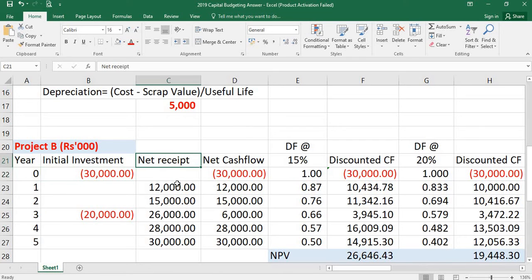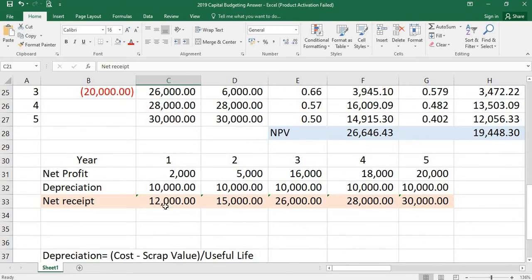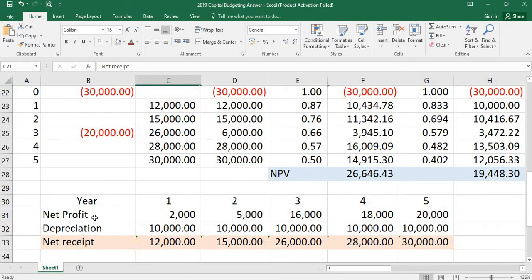Here also you have to find the net receipt, since in the question the net profit after tax has been given. Here you apply the same way, because only the depreciation information has been given.